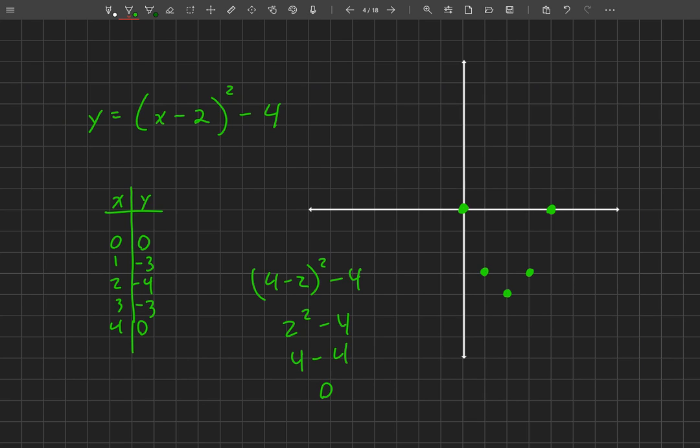If you take a second and you look at that, it might look pretty familiar, especially if you have the notes up from the last video. Because this is starting to look a whole lot like something we graphed last time. It's starting to look a whole lot like a what? A parabola.